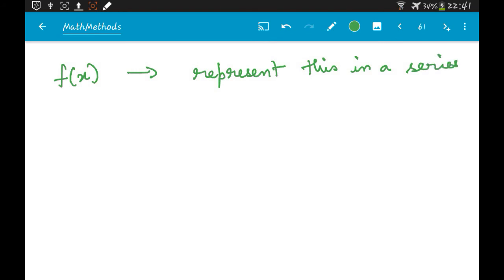Okay. So what we will do is f of x is equal to, because there is only x, we will assume that this is expansion about 0.